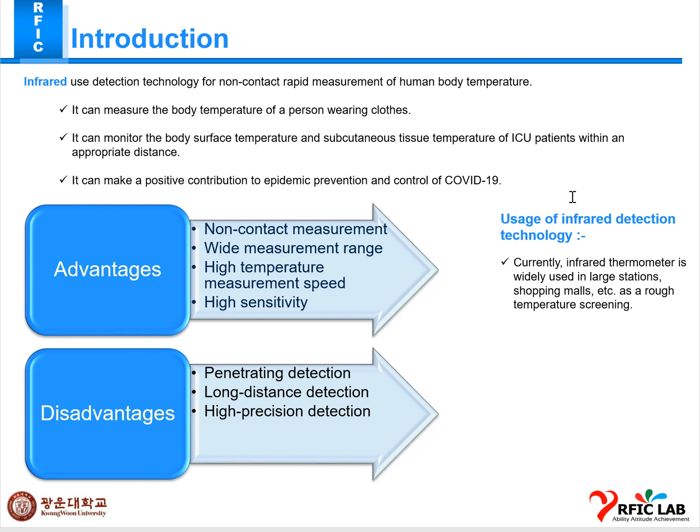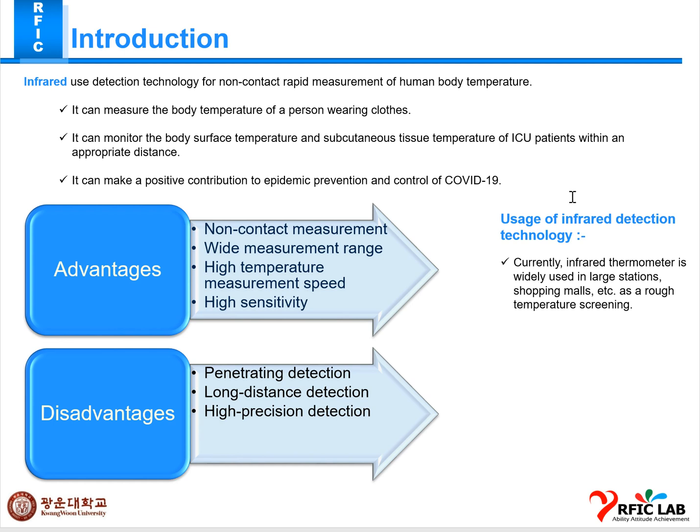In this, the advantages and disadvantages I found are: first advantage, it is non-contact measurement. Without touching a person you can measure the body temperature, a wide range of measurement can be done, the temperature measurement speed is high, and it is highly sensitive. Disadvantages: penetration detection is not there.